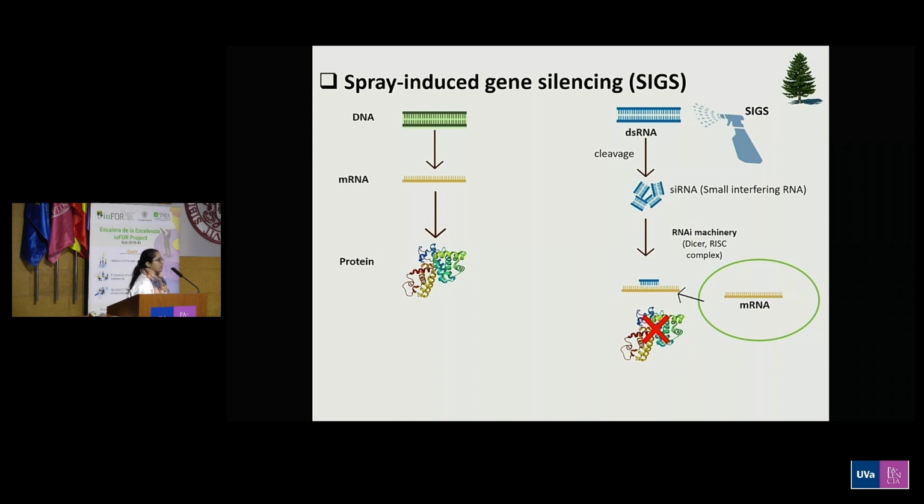And these small interfering RNAs target the messenger RNA of the pathogen. They bind to it, block it, degrade it, and split it into different pieces. It means we don't have proteins, and if we don't have protein, nothing is going to be expressed. So this is the basic mechanism of spray-induced gene silencing.